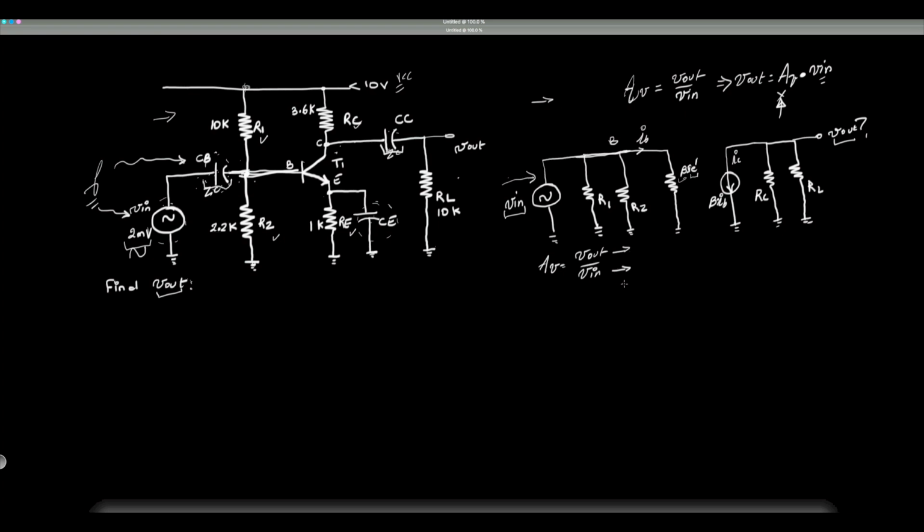Let's talk about V in first, right? So let's talk about V in itself. So what is V in going to be equal to? So as I said before, we're going to try to break each one of these terms into components that are in the circuit. Well, V in is the voltage from ground to this point. That is V in, from here to here.